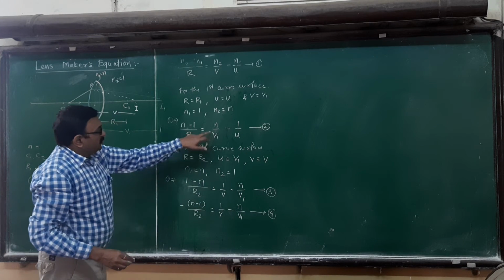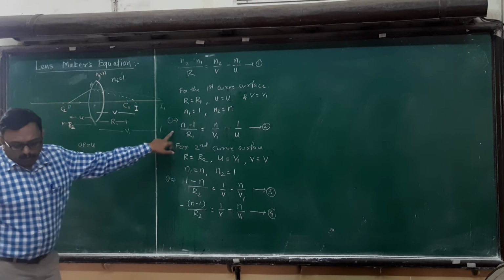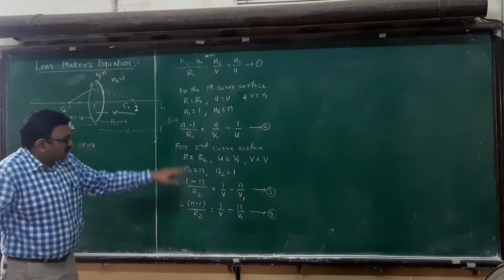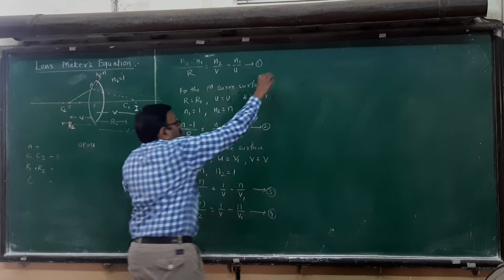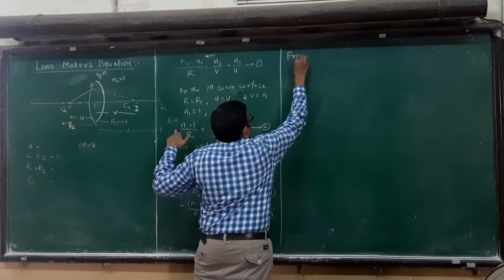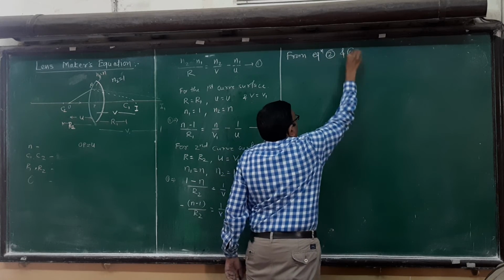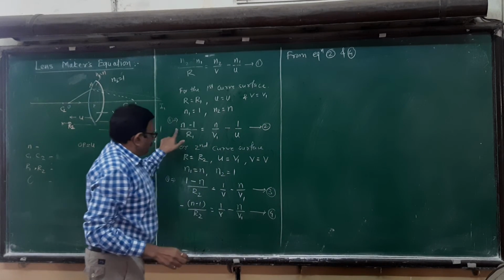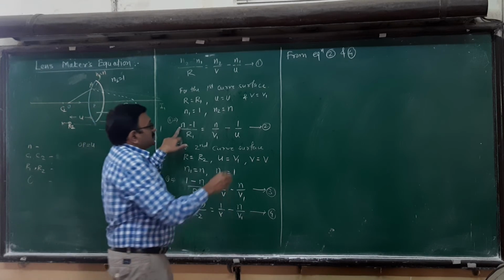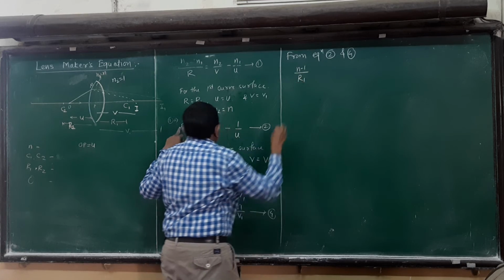From equations 2 and 4, we take N minus 1 as common, N minus 1 upon R1.